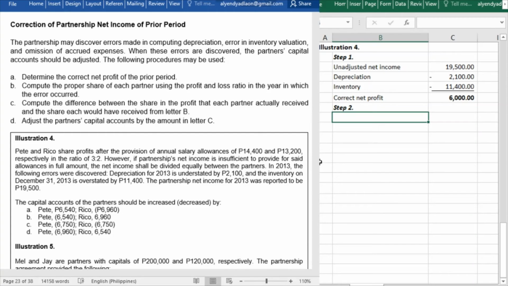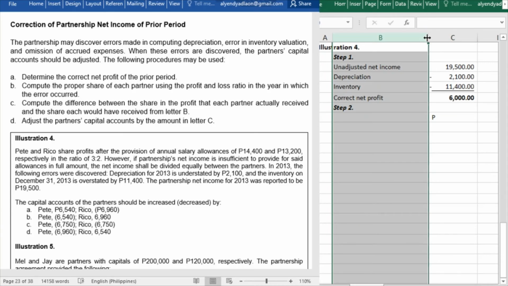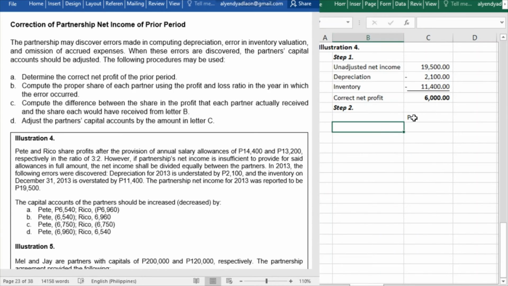For step 2, compute the proper share of each partner using the profit and loss ratio in the year in which the error occurred. So, for this time, we are to compute for the share of the net income based on the adjusted net income.